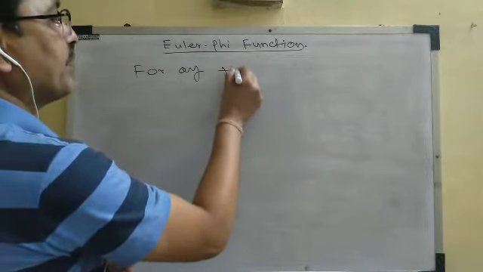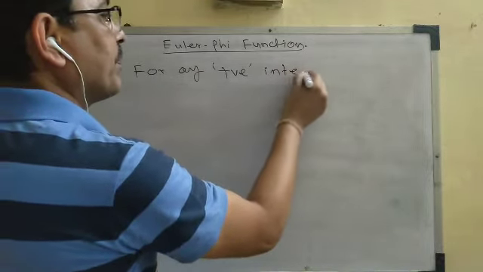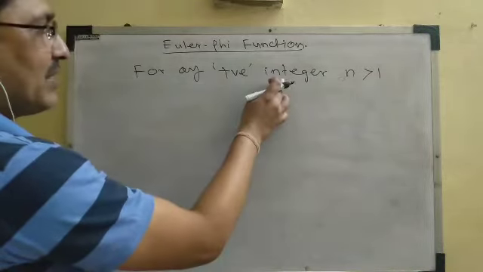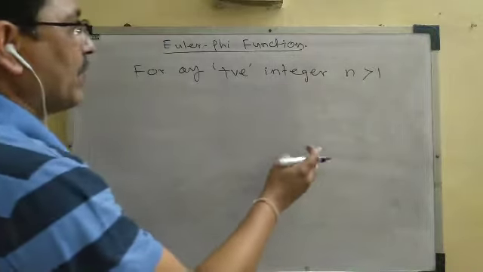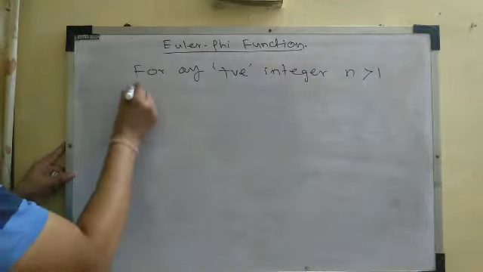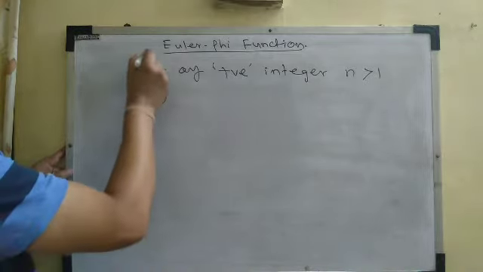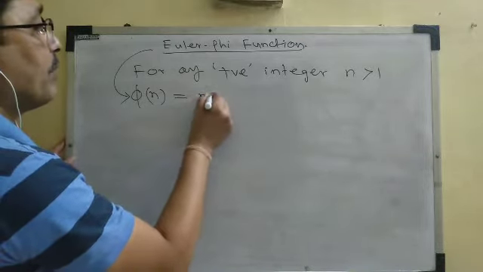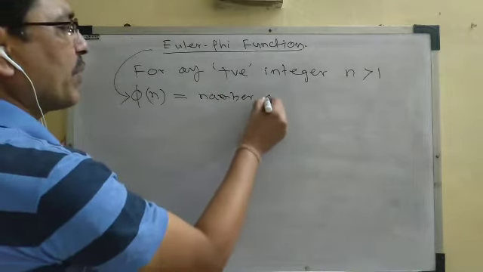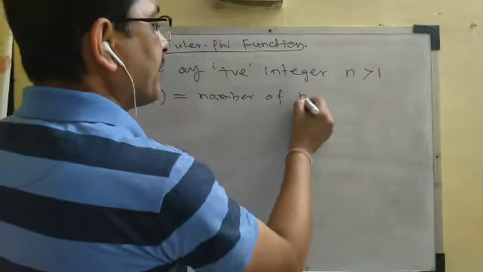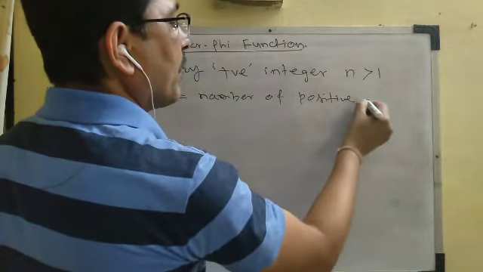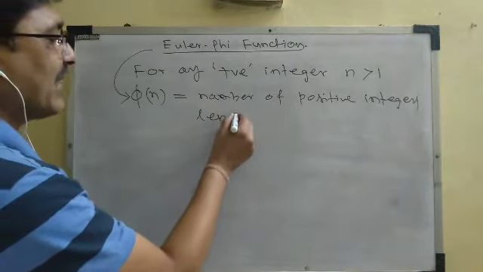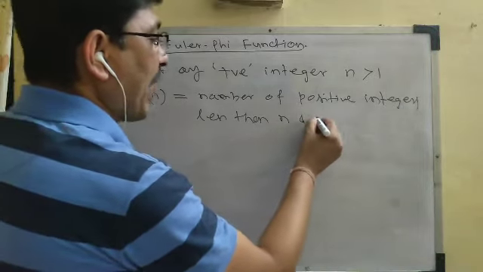The Euler-phi function for any positive integer n greater than 1 is denoted by phi of n, and is defined as the number of positive integers less than n and co-prime to n.